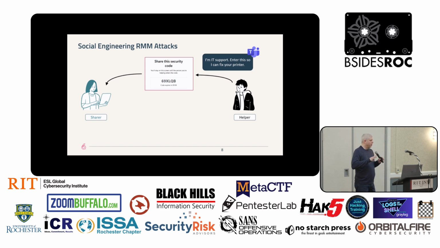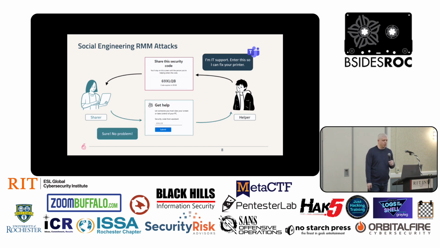In a lot of cases, this happens within Teams. A lot of organizations have Teams misconfigured so that external users, Teams users, or whatever you want to call them, can message internal users. And so an attacker will create an account like IT support, your organization name here, and then start messaging the users and say, hey, I need to connect to your computer to fix it.